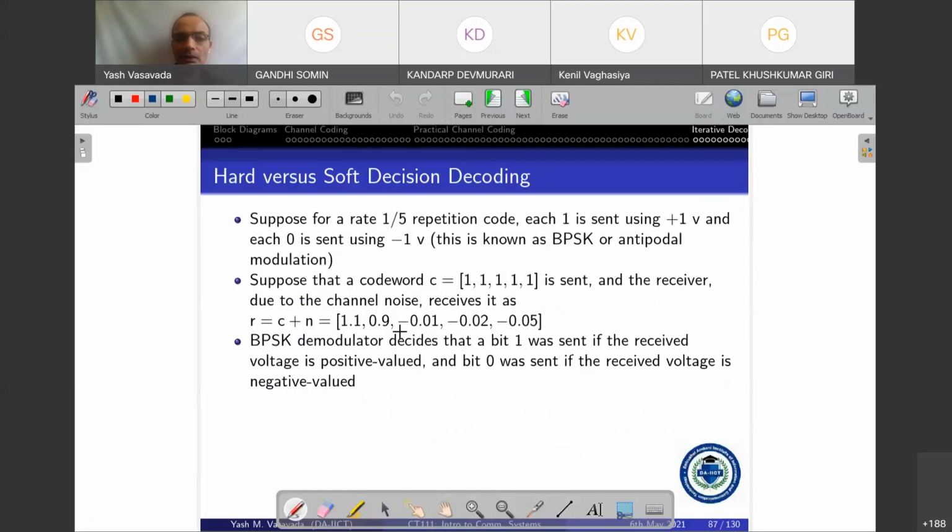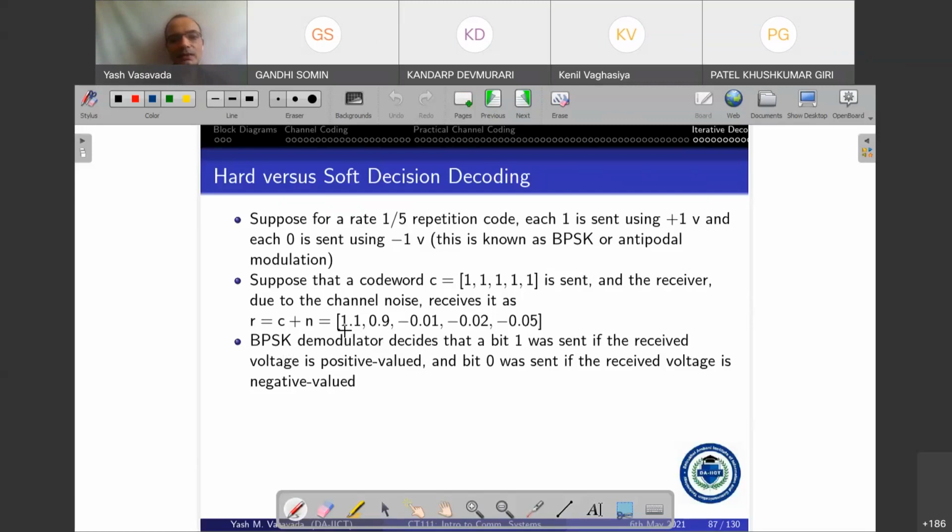Now, look at this example here that I gave you. In the case of hard decision decoding, as we saw, it made an error. Is this error avoidable? Can we do something better at the repetition decoder? Before you answer that question, what I want to ask is, what is the decision boundary of a BPSK demodulator? 0.